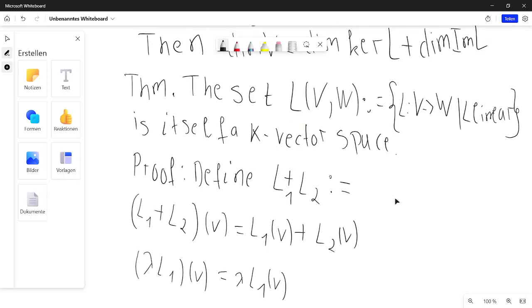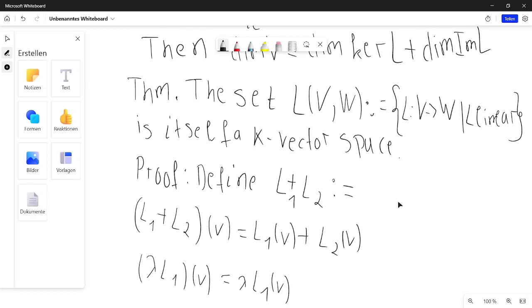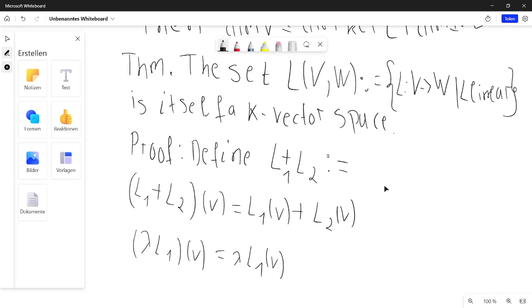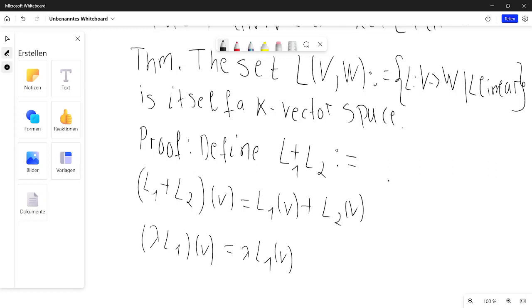In order for that to be in it, it has to be a linear map again. So we just define how it acts on vectors, because this is what defines a map, and its domain and its range are given, right?